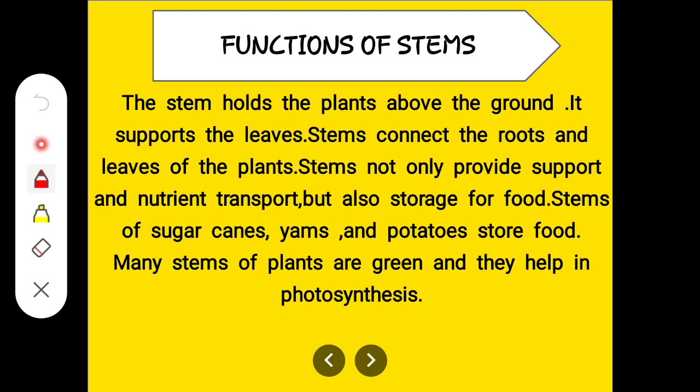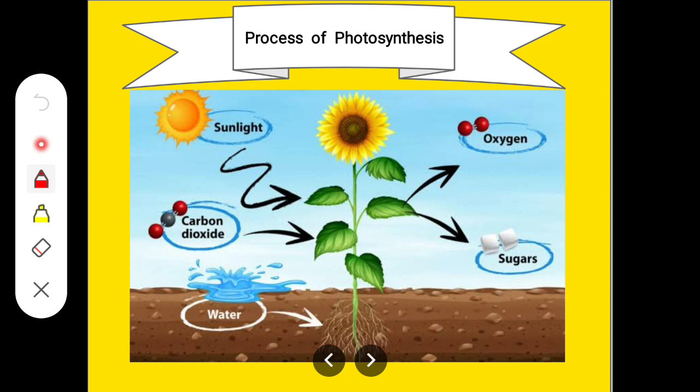Just like sugarcane, yams, potatoes, they are part of the stem that we can eat. Okay, so sugarcane, ito po ay tubo. So nakakain natin siya. Okay, so many stems of plants are green and they help in photosynthesis.